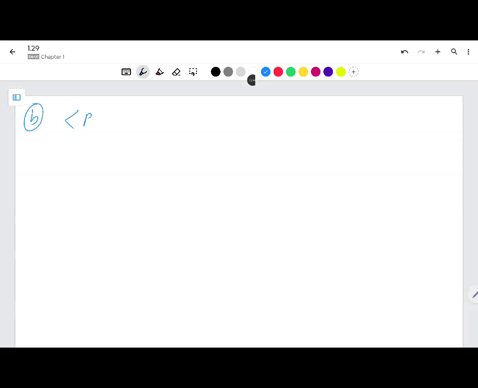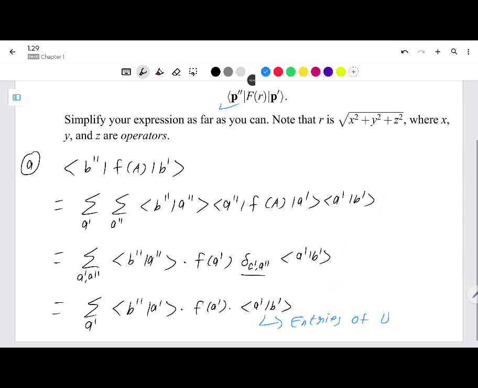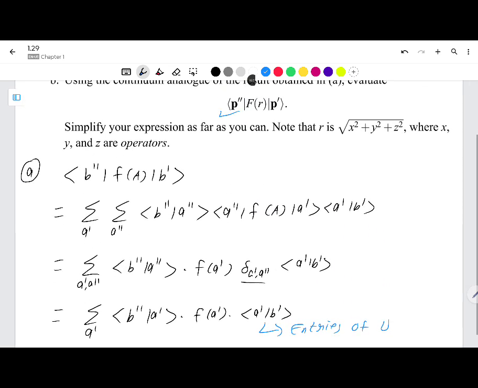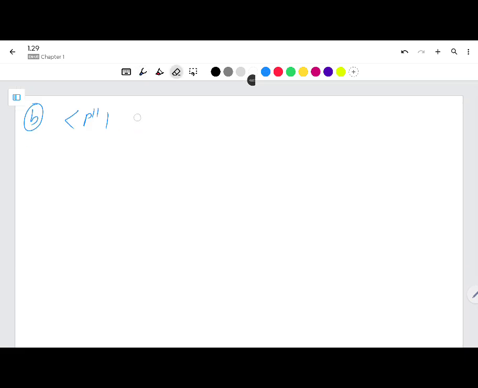There we will be using the continuous basis. So instead of the discrete form, we'll be writing it all there. Okay, so we can use completeness here.